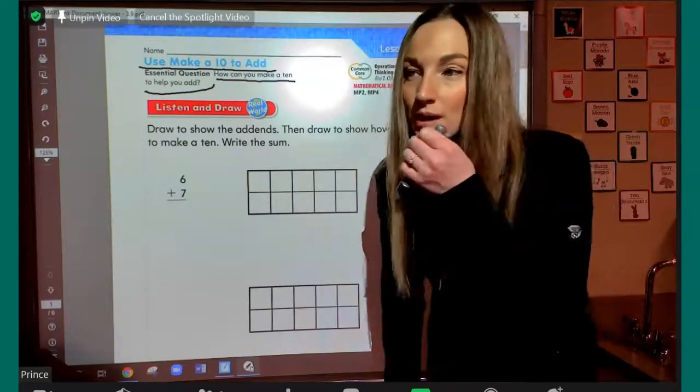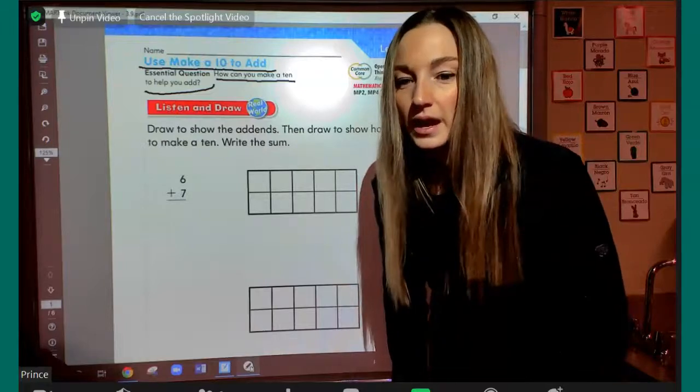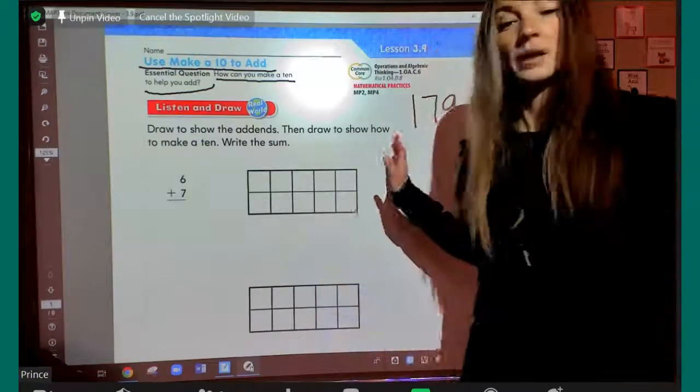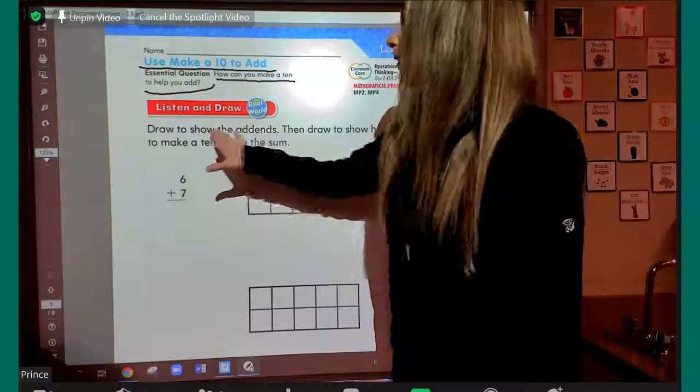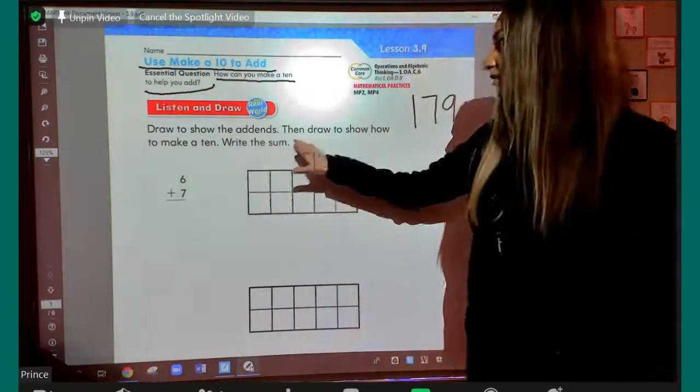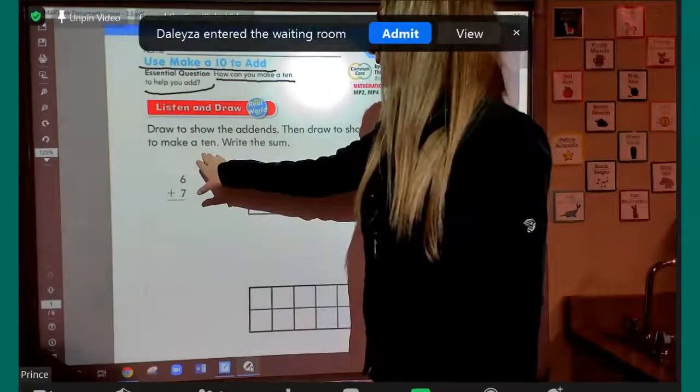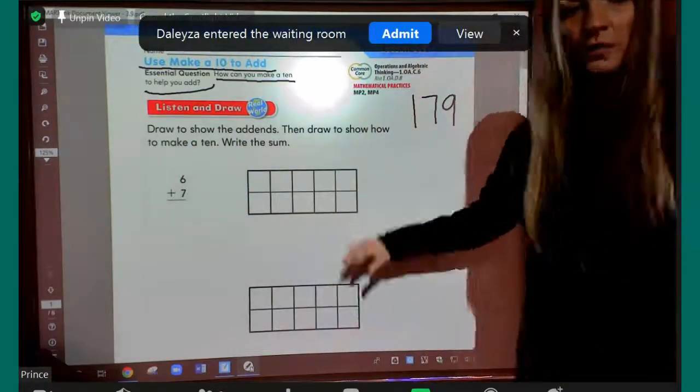Okay, if you don't have your crayons, that's okay. Make sure you watch the video so you can see how to do this later once you have your crayons, okay? Draw to show the add-ins, then draw to show how to make a 10. So we have two parts here that we're doing.